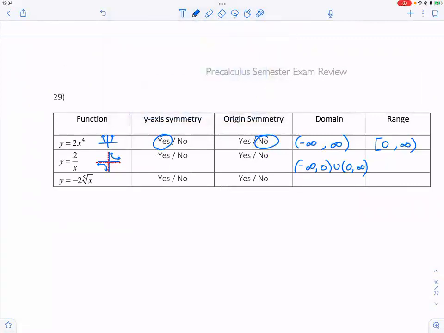It is impossible for the y value to be 0, since for y to be 0, the numerator must be 0. But since the numerator is a 2, which can never be 0, the range is going to be negative infinity to 0, union 0 to infinity. So domain and range look identical in this case.